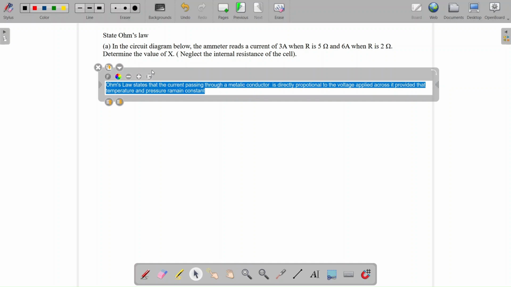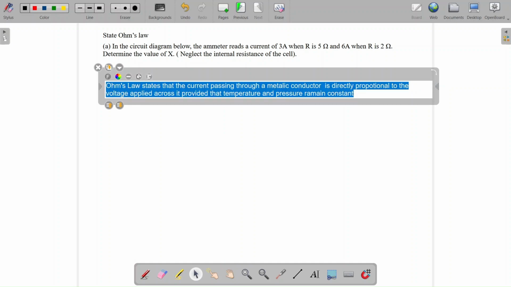That is Ohm's law. So Ohm's law states that the current passing through a metallic conductor is directly proportional to the voltage applied across it, while temperature and pressure remain the same.